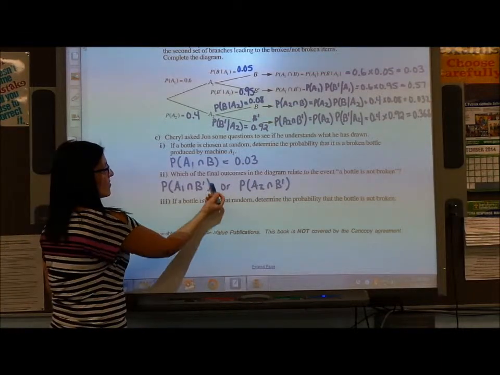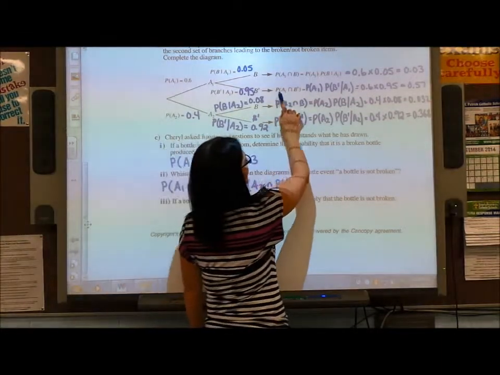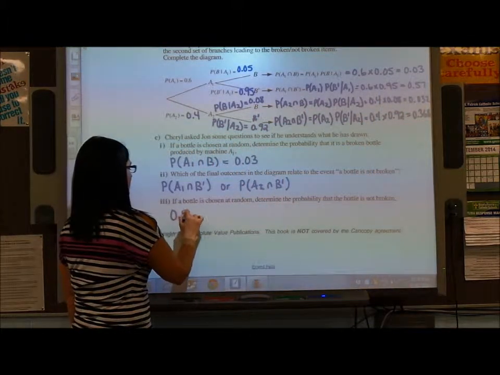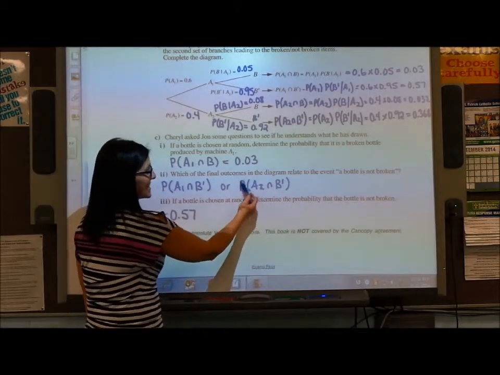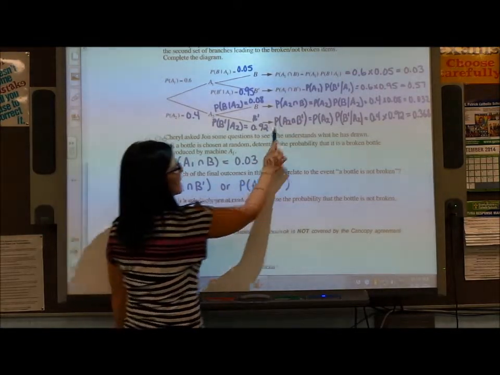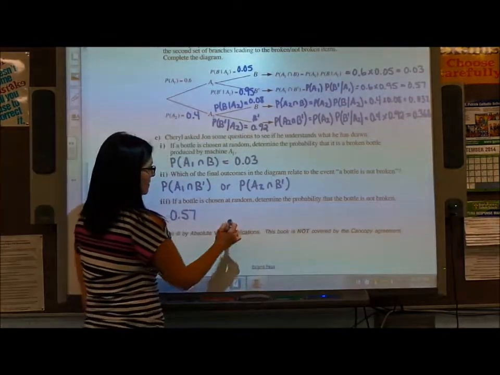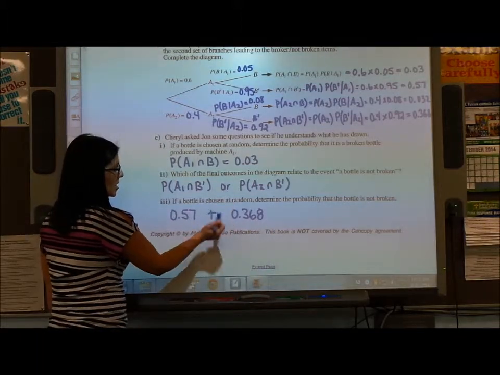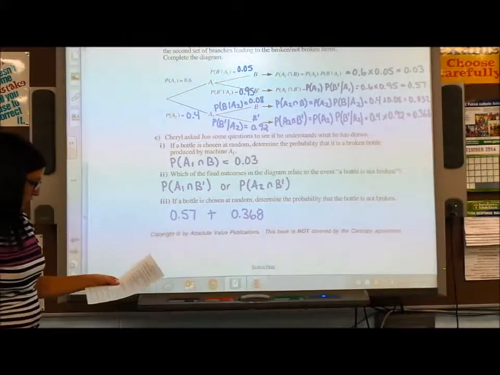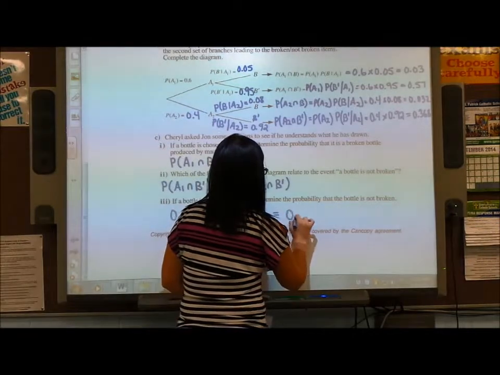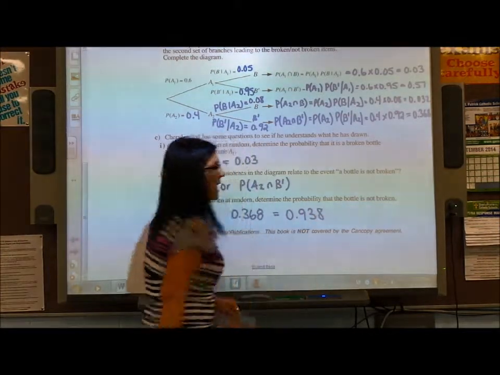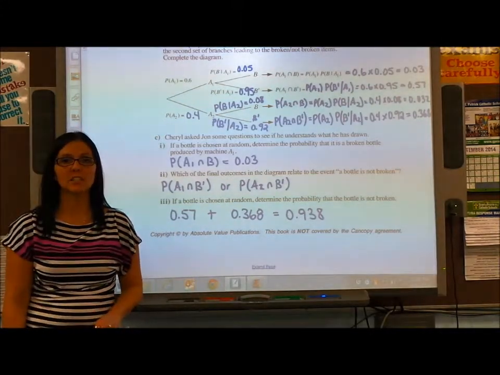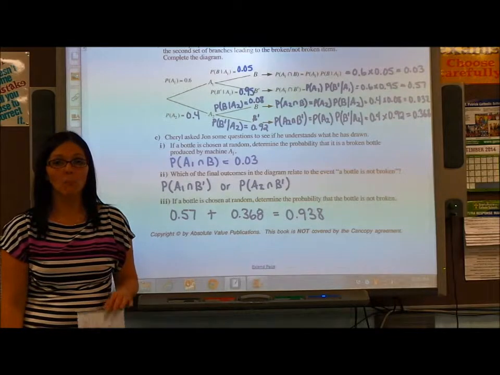Well, the probability of this event occurring is right here, 0.57. The probability that it's this event, A2 and not broken, is 0.368. The OR means to add them together, which together gives me a 0.938 chance. So I have a 93.8% chance of the machines producing a non-broken bottle.